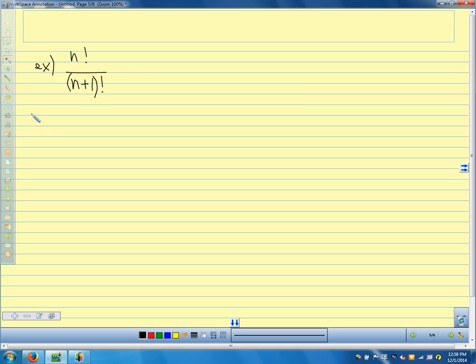All right, let's take a look at this. We don't have numbers this time, so let's write out what n factorial is. N factorial is 1 times 2 times 3 times ... all the way up to n.